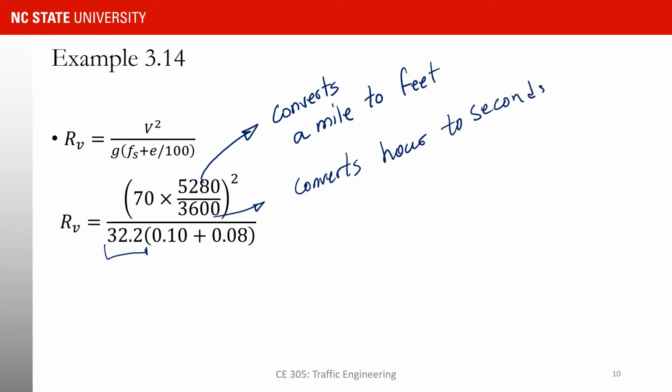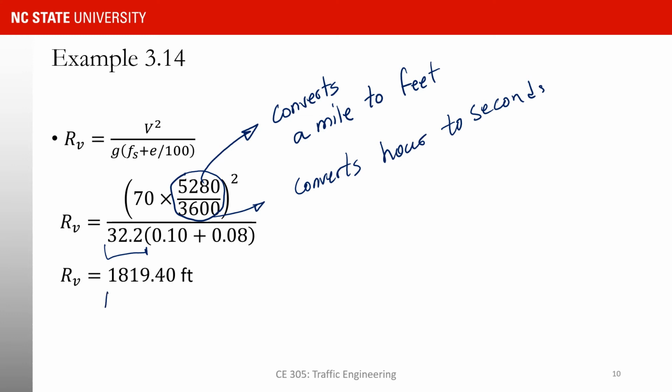So as a result of that, this speed that I have here now is in feet per second. Make sure that you have this conversion inside the parentheses, okay? Then I divide it by 32.2 into 0.1 plus 8 over 100.